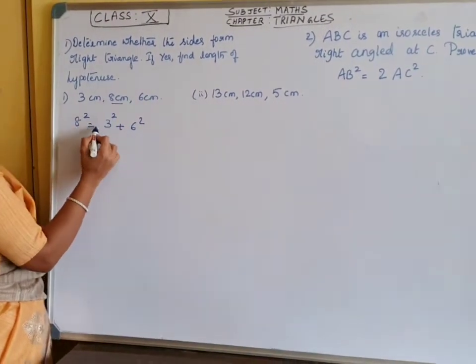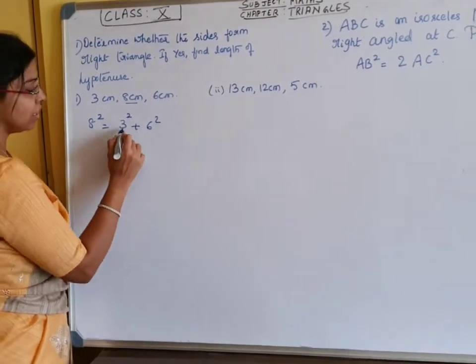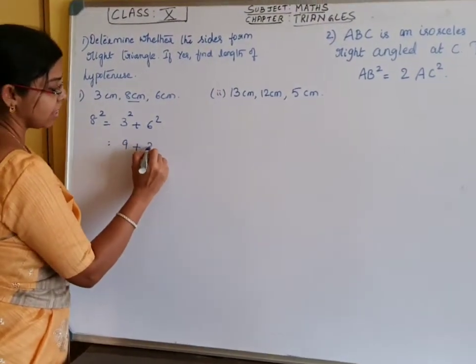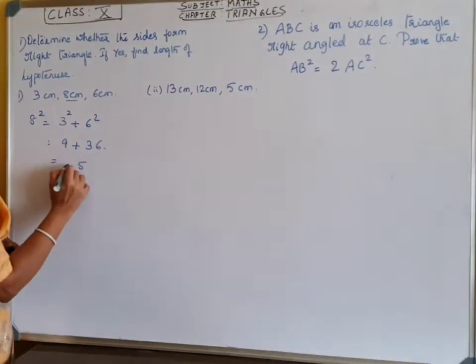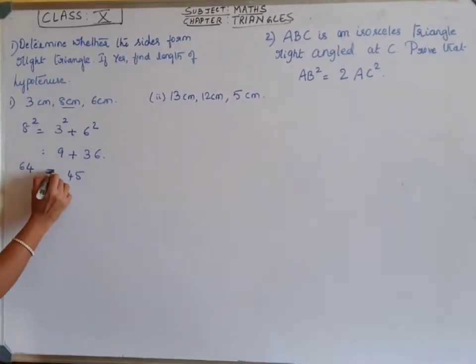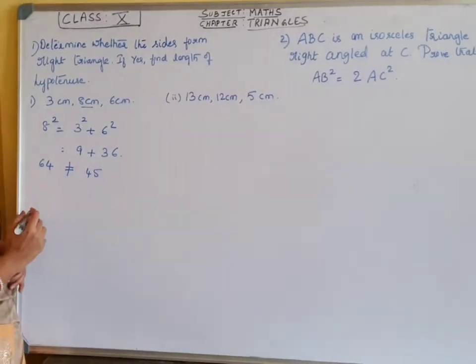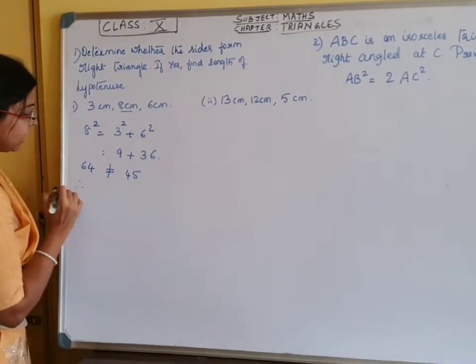So 8 square is equal to 3 square plus 6 square. You need to find out whether it is equal. 9 plus 36 is 45. Whereas on the left hand side you have 64. Therefore it is not equal. So this triplet will not form a right triangle.